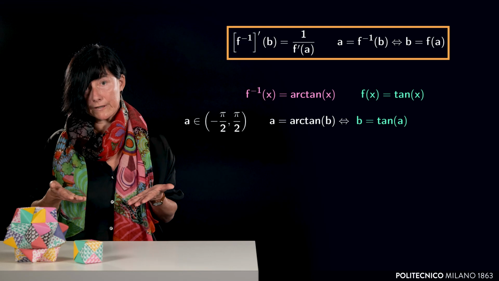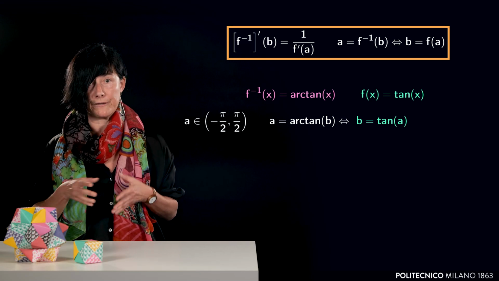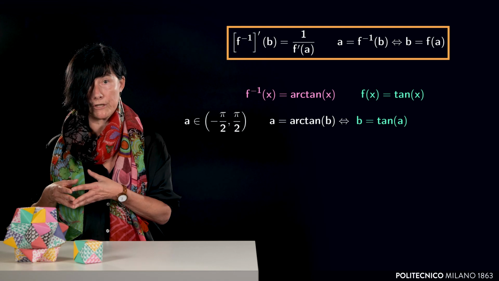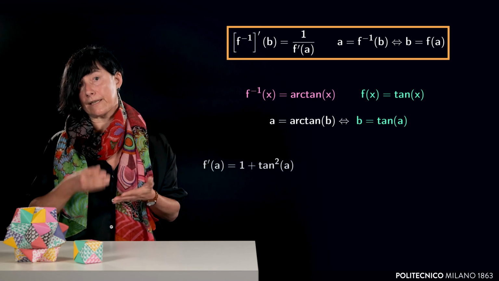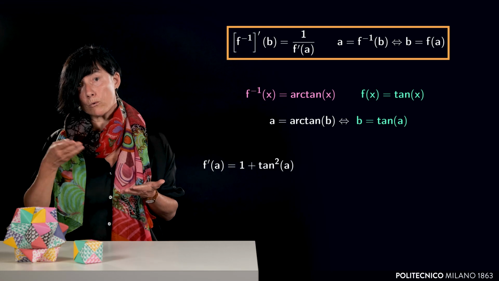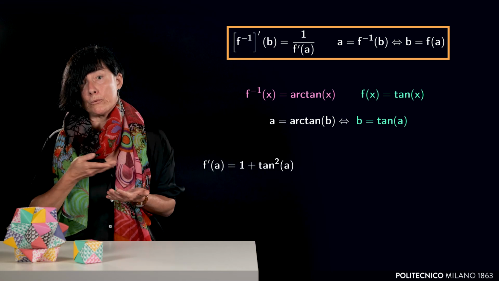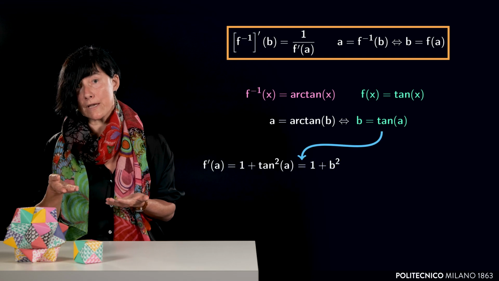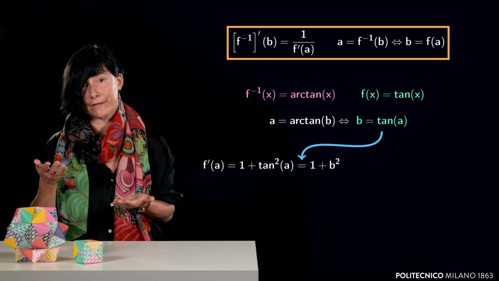In the rule for the derivative of the inverse at a fixed value b, we need f prime, that is the derivative of the tangent function, evaluated at a. We have just seen that f prime at a equals 1 plus tangent a squared. But we know that tangent a equals b, so f prime a is 1 plus b squared.